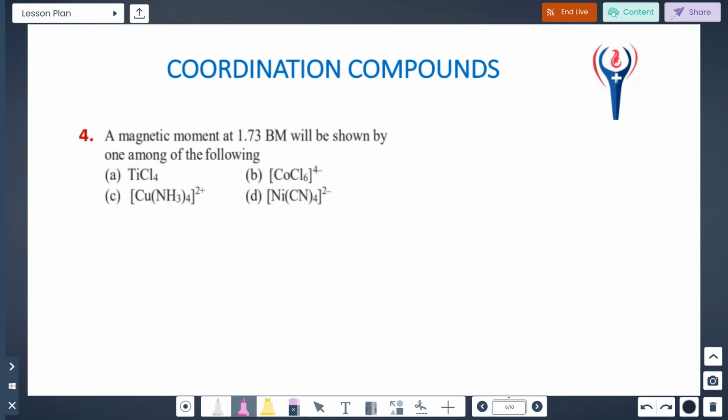A magnetic moment of 1.73 Bohr magneton will be shown by one among the following. Who is having 1.73? It has 1 unpaired electron, so we have to find which one has 1 unpaired electron.